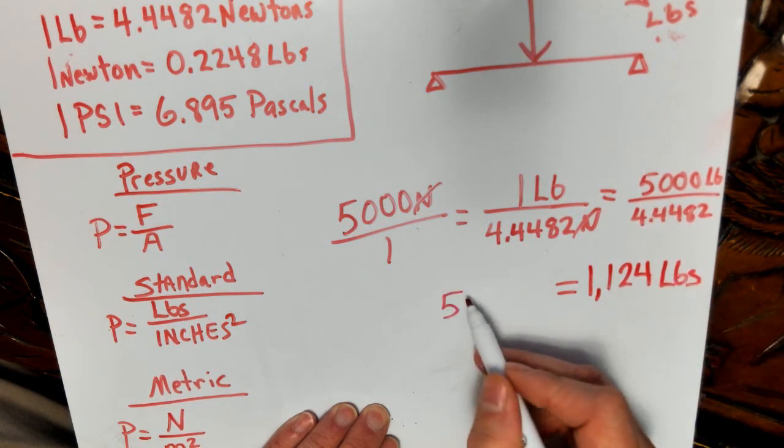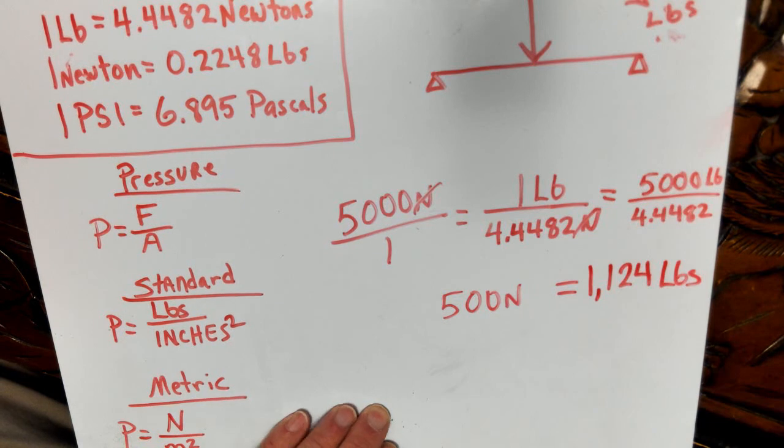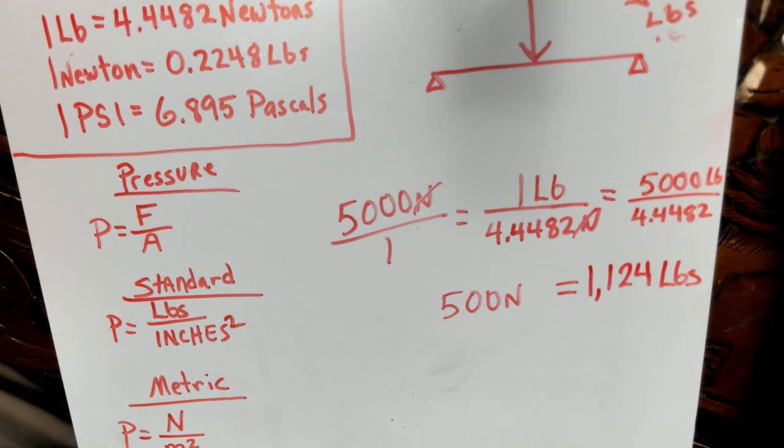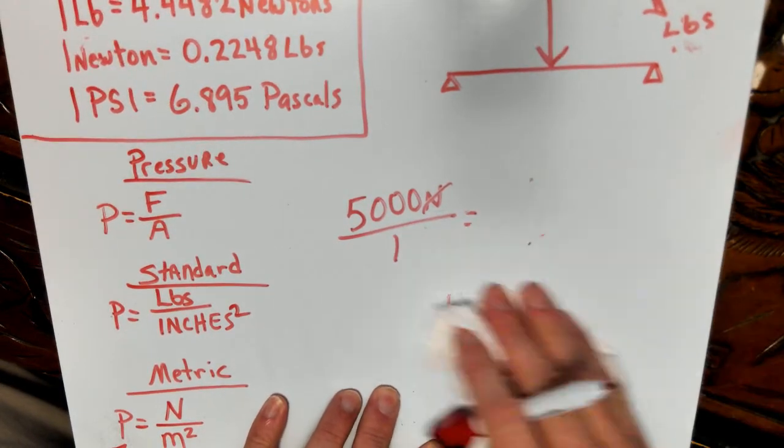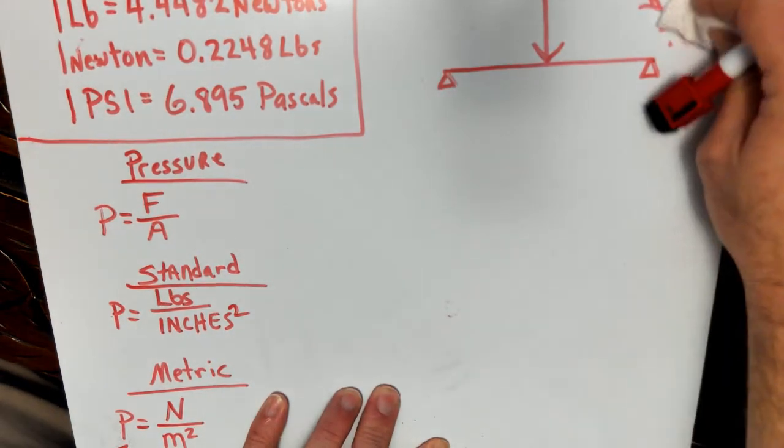So basically 5,000 newtons is equal to 1,124 pounds. All right, so that is a unit of force, okay? That's how much force is being applied on the object.